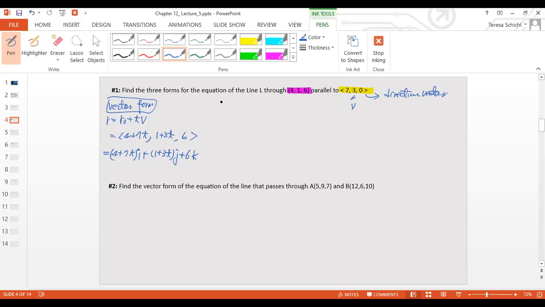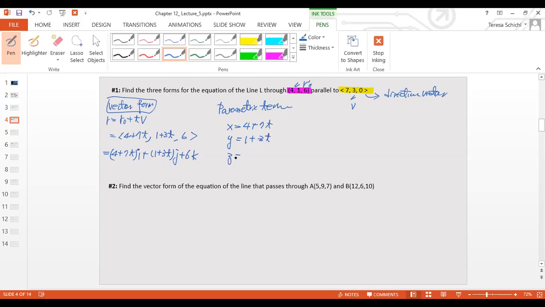Now, let's take a look at the parametric form. So it's x, y, z, right? x is equal to x0, which is the point it goes through, so it's 4 plus 7t. And y is equal to 1 plus 3t.